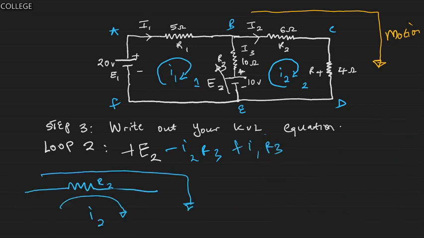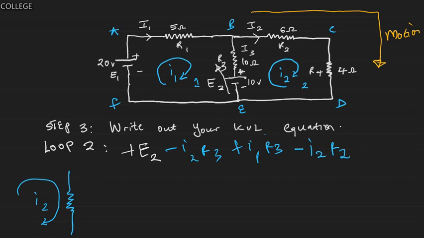The next element in this circuit is resistor R2. The direction of motion is clockwise and the direction of current is also clockwise, so we have a fall in potential. We have minus I2 R2 as the voltage drop across the resistor. The last element there is resistor R4.